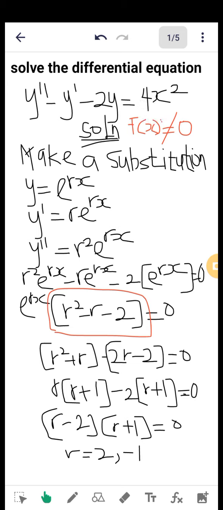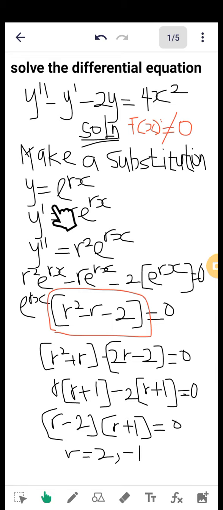Okay, so quickly, to solve the left hand side, we learned from our previous video that when we have an equation in this form, second order, we will try to make a substitution to reduce the second order to a quadratic form, so that we solve and get the values of r.